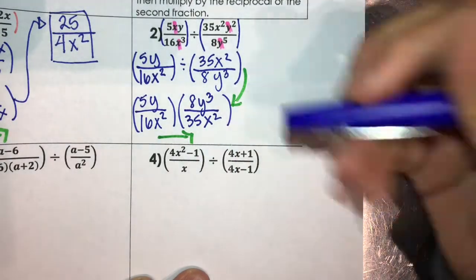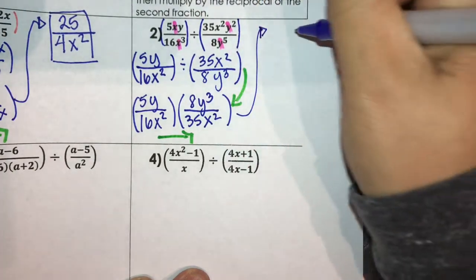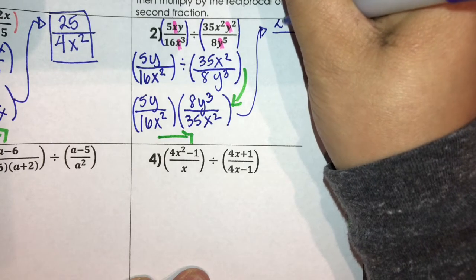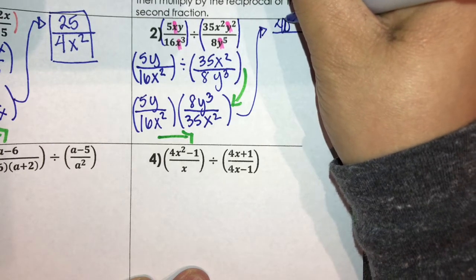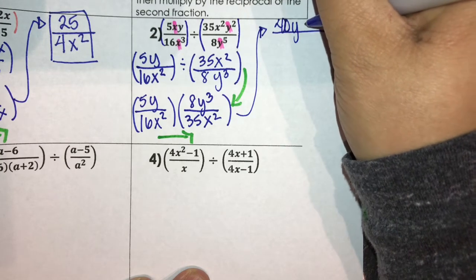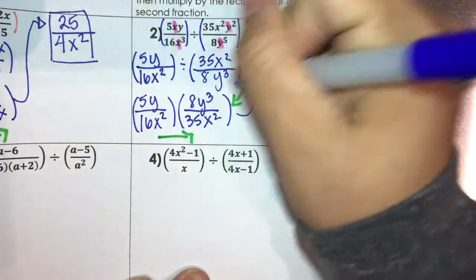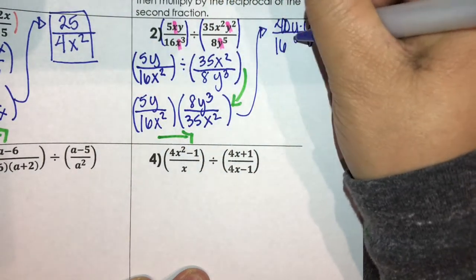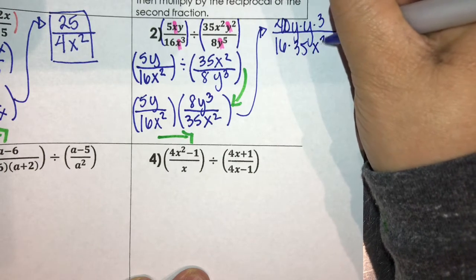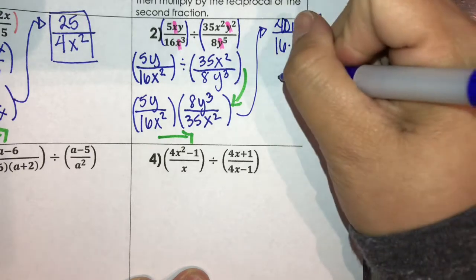So that equals 40y to the third divided by 16 times 35, x squared times x squared.